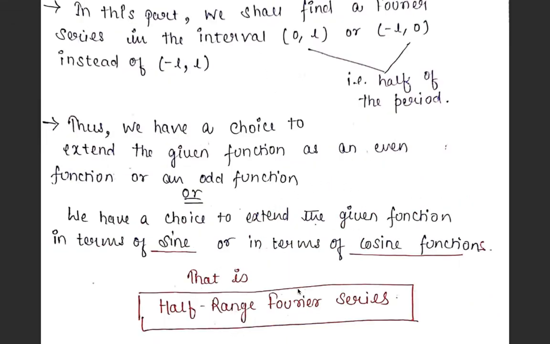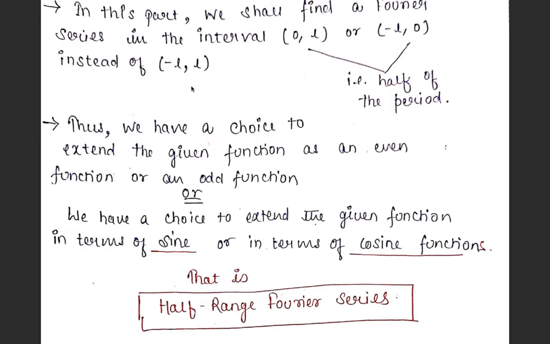Now we are going to discuss the concept of half range Fourier series. Till now we have obtained a Fourier series expansion of any function in the interval minus L to L. That is actually full range Fourier series.